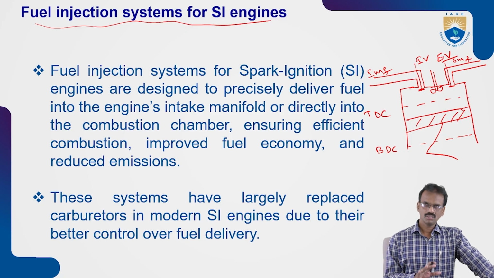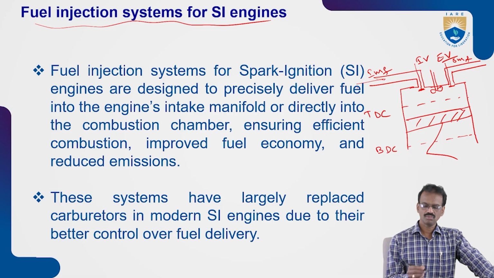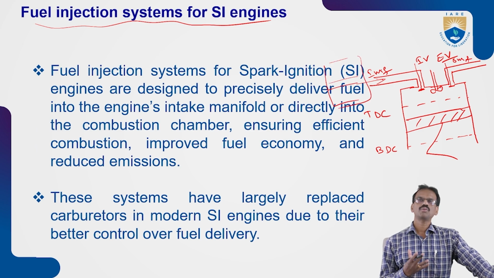In the traditional system, there is a carburetor to supply the air-fuel mixture into the cylinder through the inlet manifold. The inlet manifold is connected with the carburetor. The carburetor helps to provide the air-fuel mixture charge.